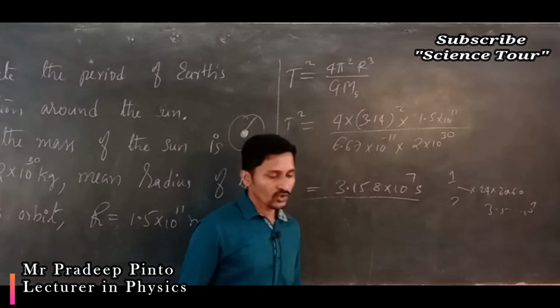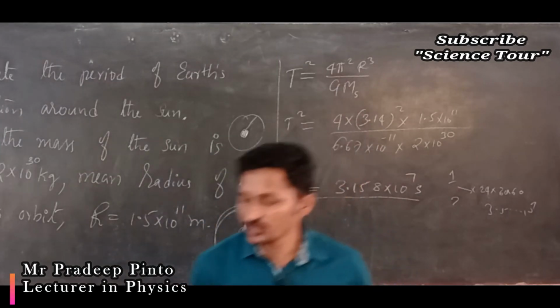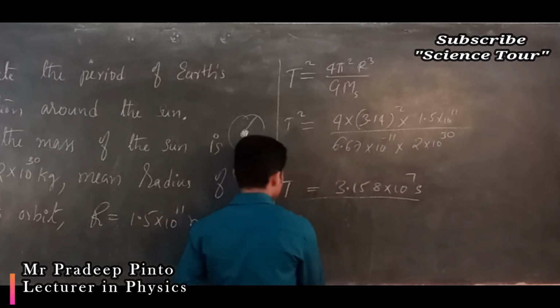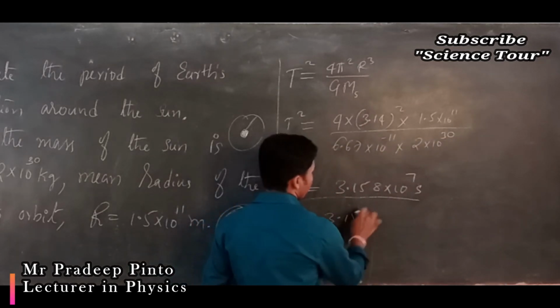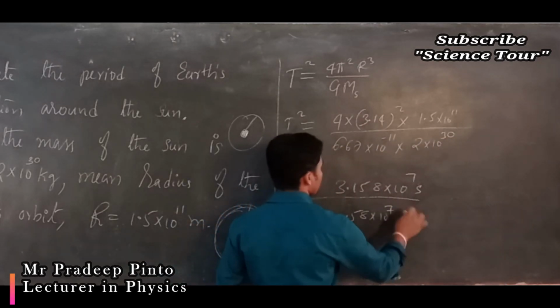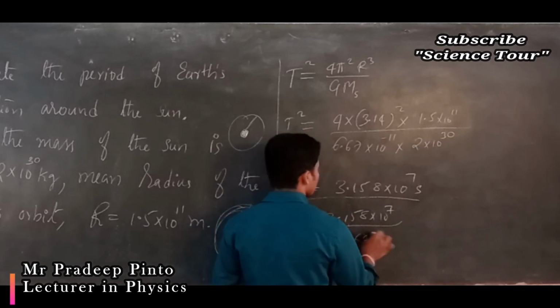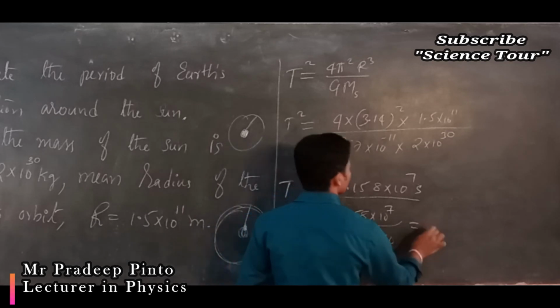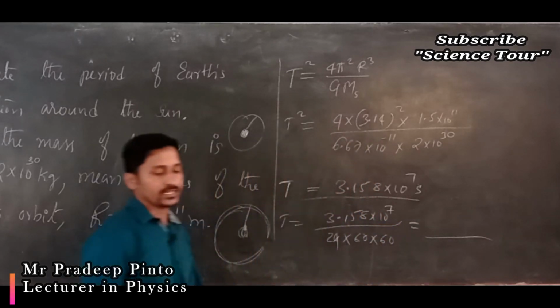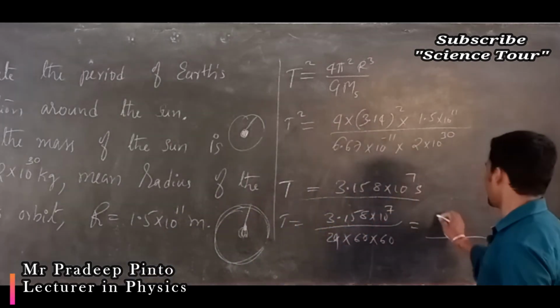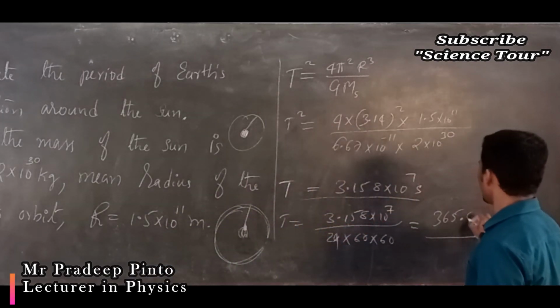You have to divide by 24 into 60 into 60, so T is equal to 3.158 into 10 to the power 7 divided by 24 into 60 into 60, which is equal to 365.5 days.